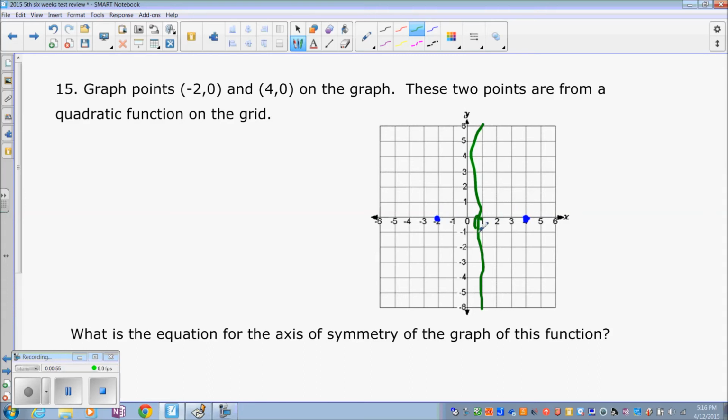So the 1 is where we split exactly in half, and the axis of symmetry crosses the x-axis, so you write it as x equals 1. Do not write it as y equals, because it does not cross the y-axis. It crosses the x-axis, so it's x equals 1, and that's your answer.